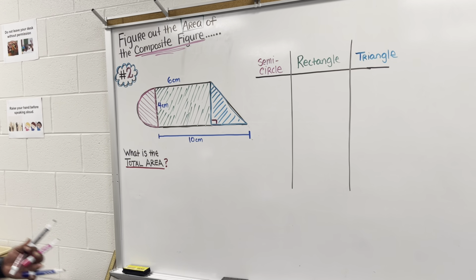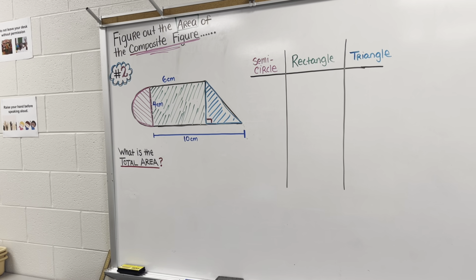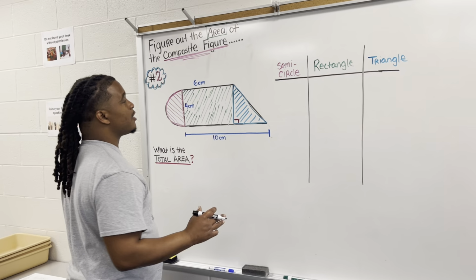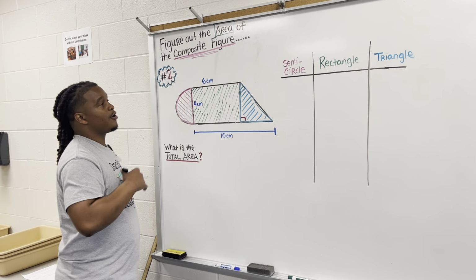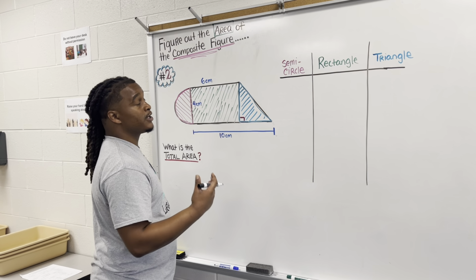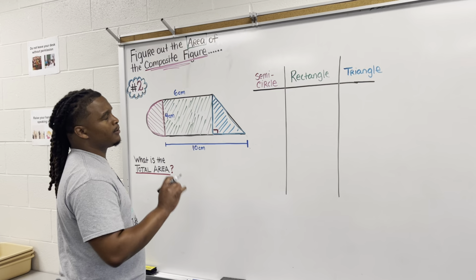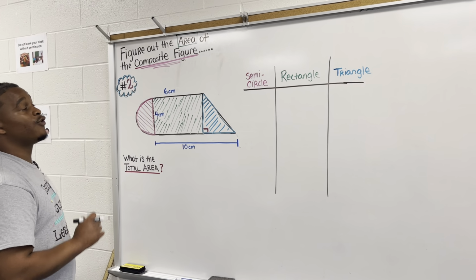Now, next, we're going to identify the formulas to find the area of each shape. Also, ladies and gentlemen, if you don't have a formula chart or you just don't know the formulas by heart, all you have to do is go on Google and type in the area formula of a circle, or the area formula of a rectangle, and those formulas will appear.